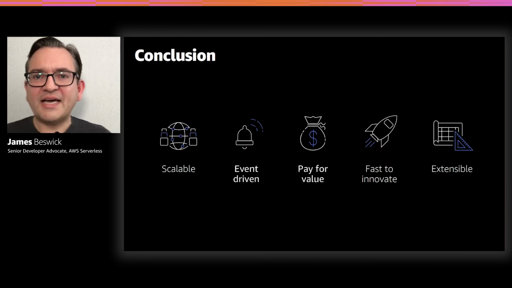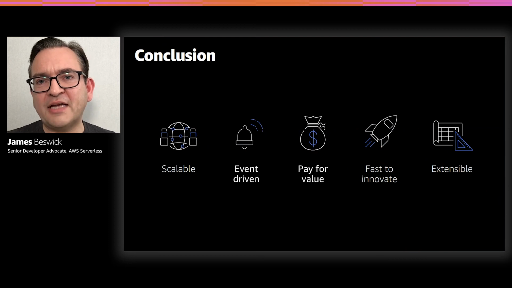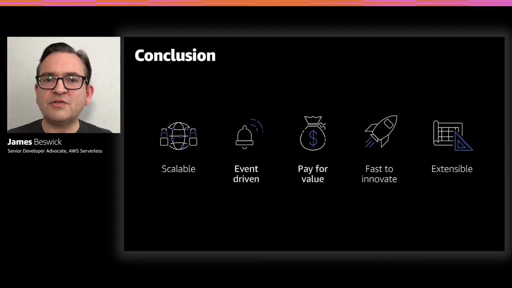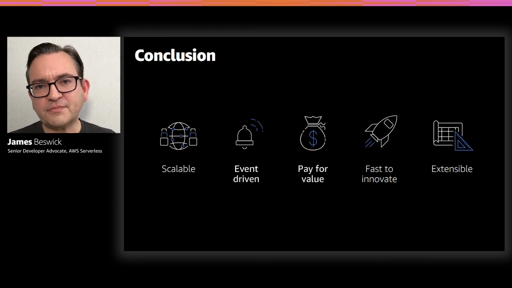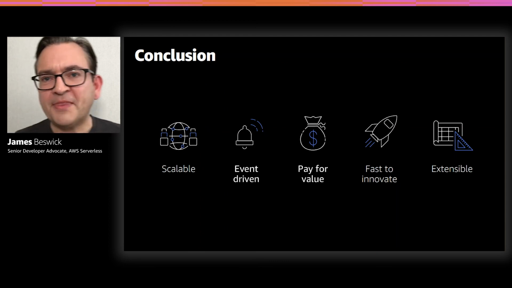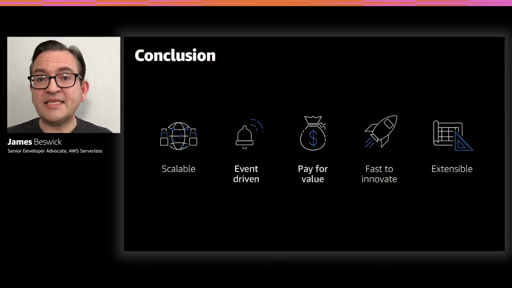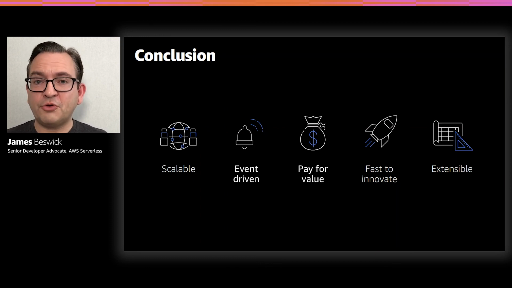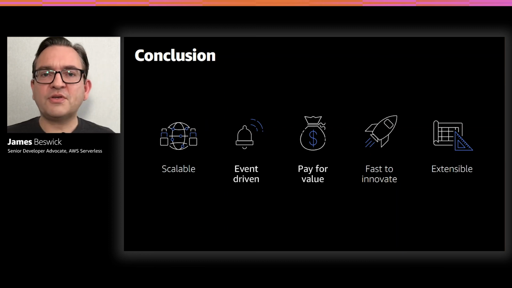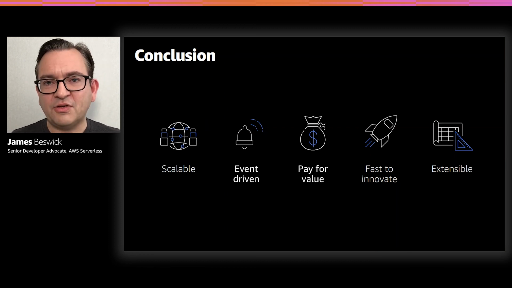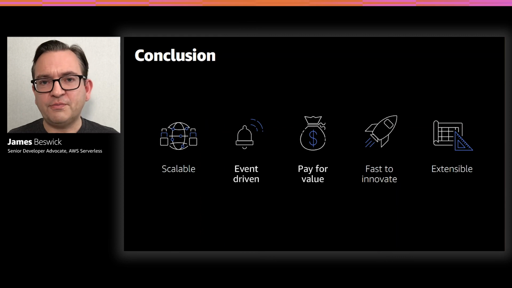There are really 5 aspects of the S3 to Lambda pattern that make it interesting and useful for serverless development. The first is scalability. S3 and Lambda are both highly scalable services, and you can use SQS queues to control the throughput of data in your workflows. This means that your code focuses on the business logic of the application, and the scaling is handled for you. This approach is event-driven.